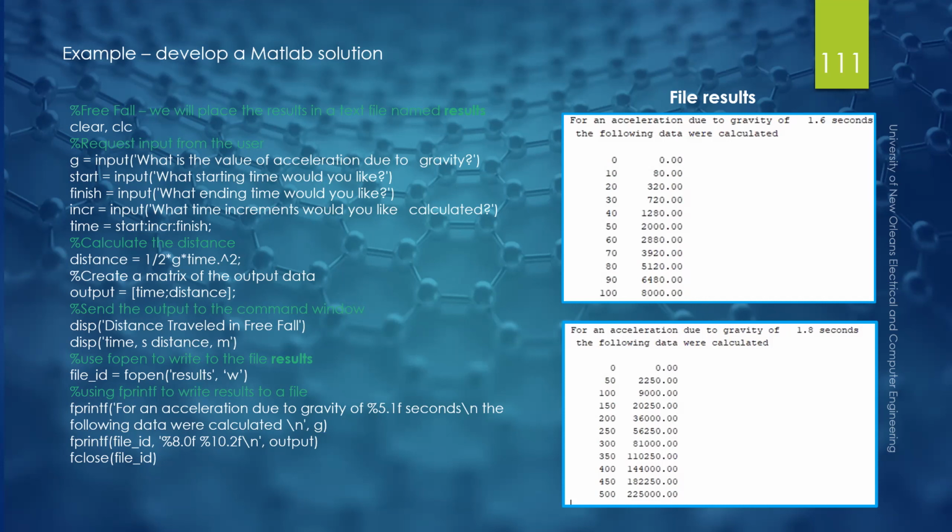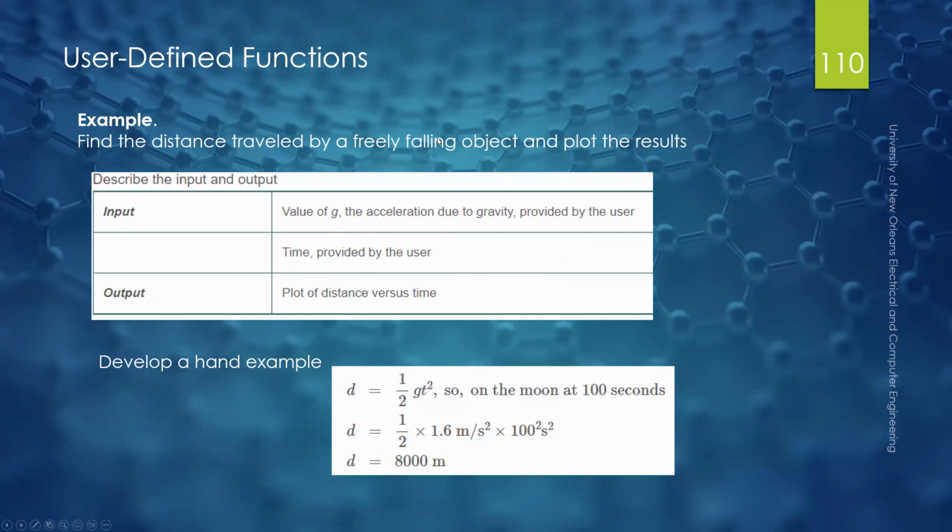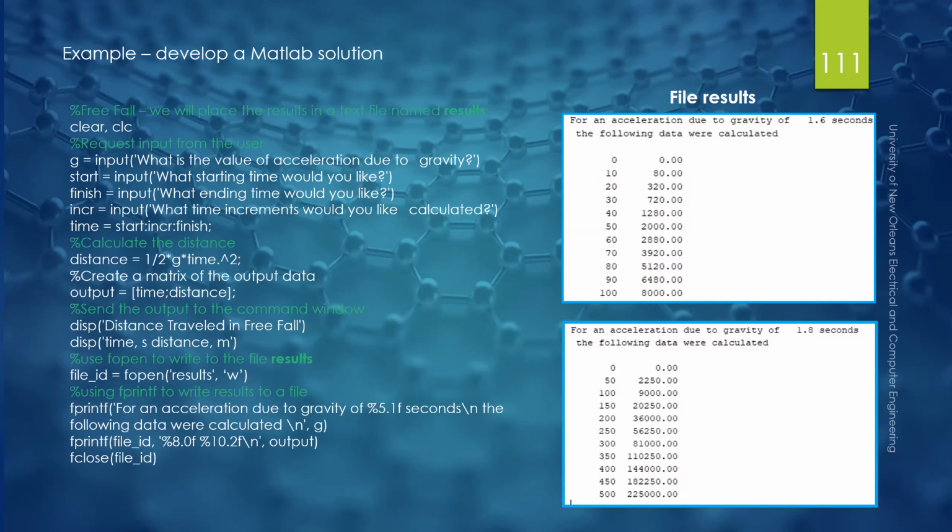We want to place the results in a text file, and we want to name that file results. So instead of plotting it, which would actually be easier, right? What we're going to do is compute the results and put them in this file called results.